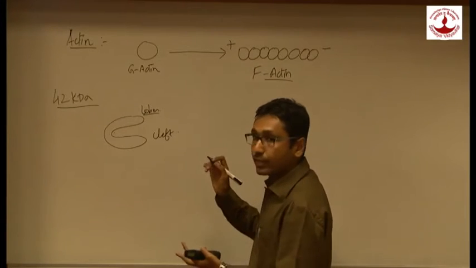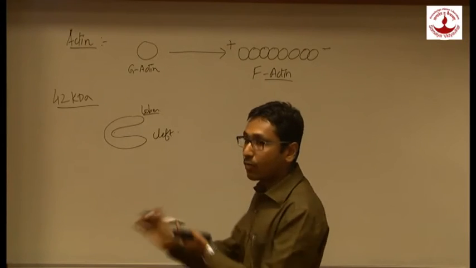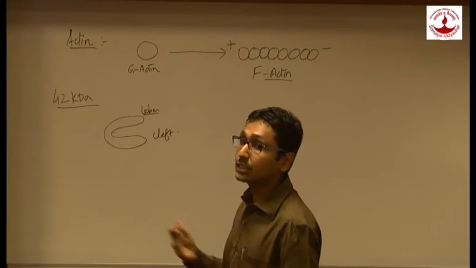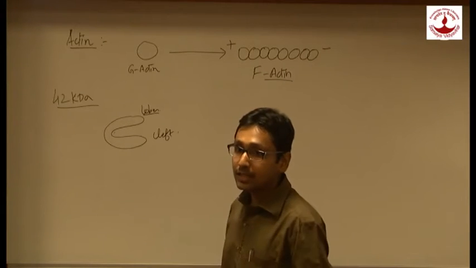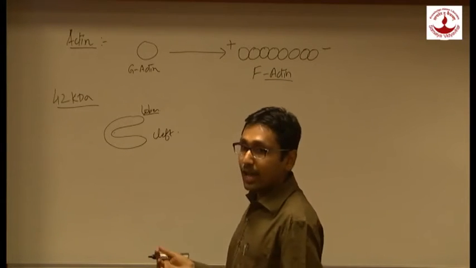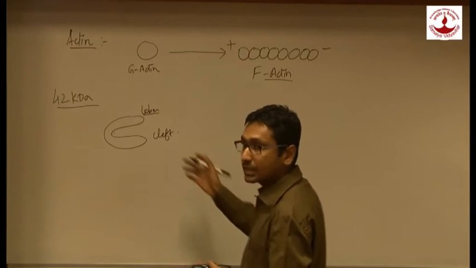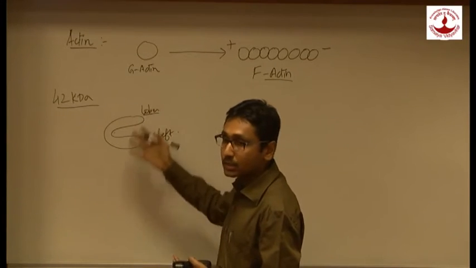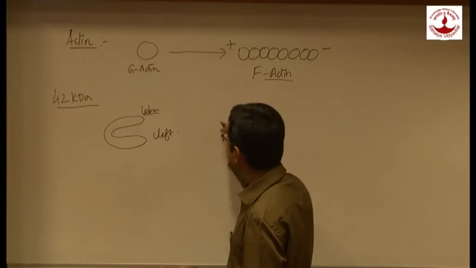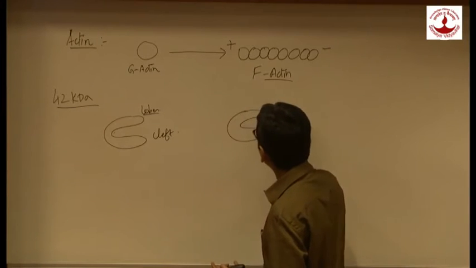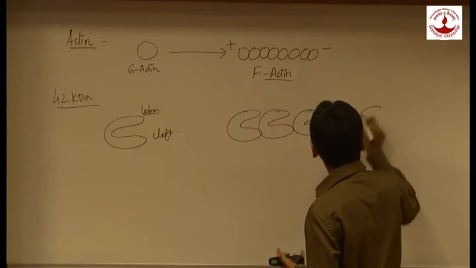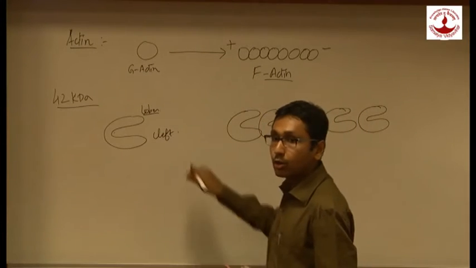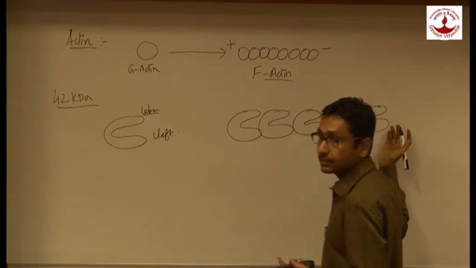It means that if you see this F-actin from one end versus the other end, both ends look different. Now, why does F-actin have polarity? The answer is that the G-actin monomers are asymmetric. So when they assemble one after the other, they make one end look drastically different from the other end.